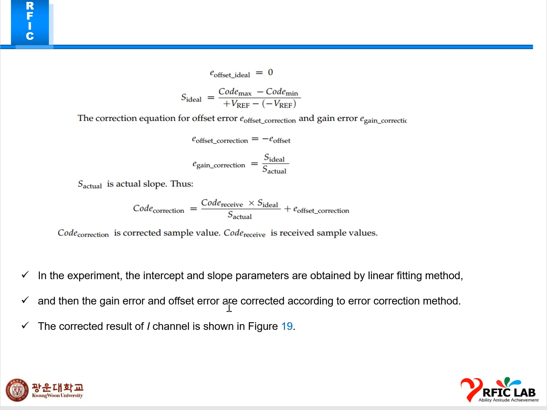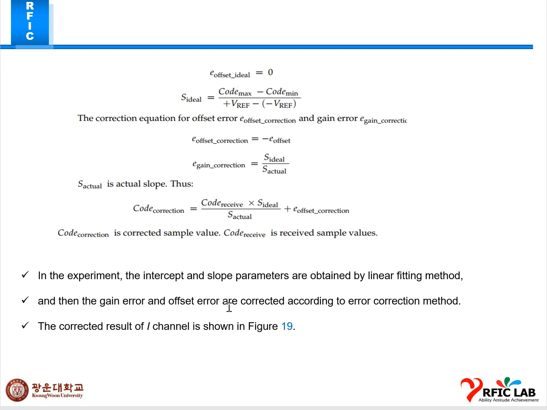Code correction equals code receive times S idle over S actual, plus the offset correction. Here, code correction is the corrected sample value and code receive is the received sample value.